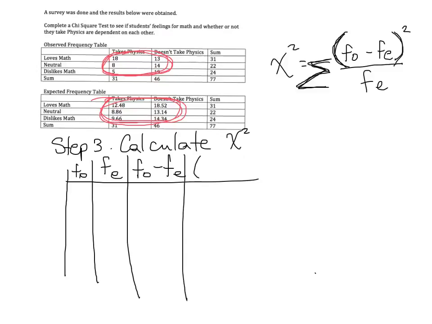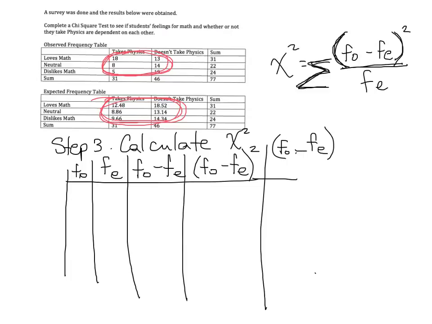Next, we're going to square those values, because that's what our formula tells us to do. FO minus FE squared. And finally, we're going to take each of those values and divide by each FE value.